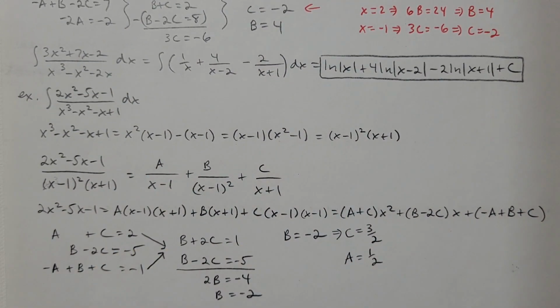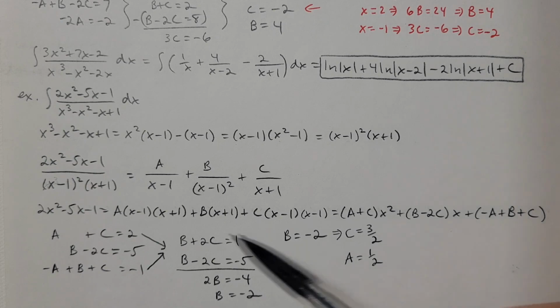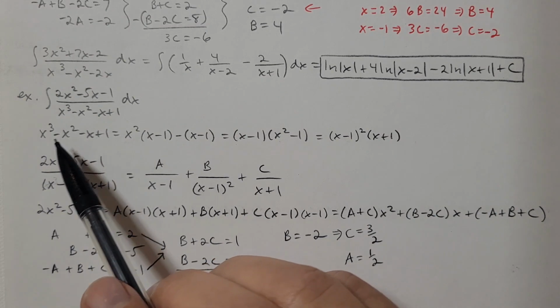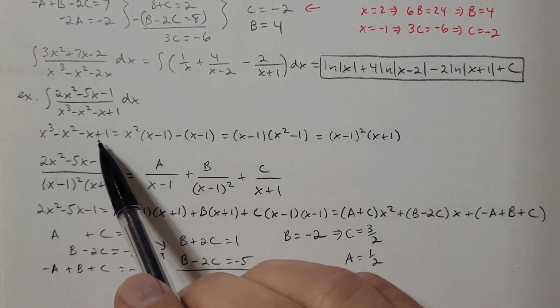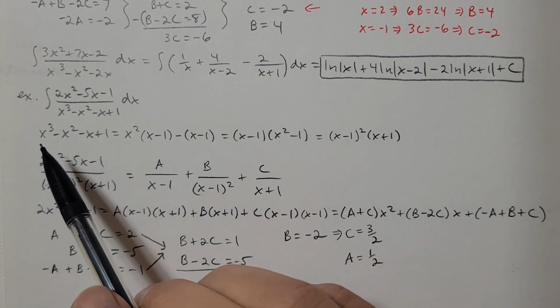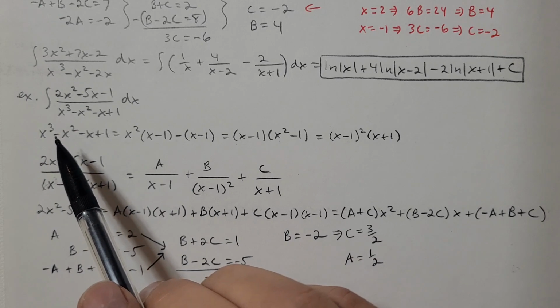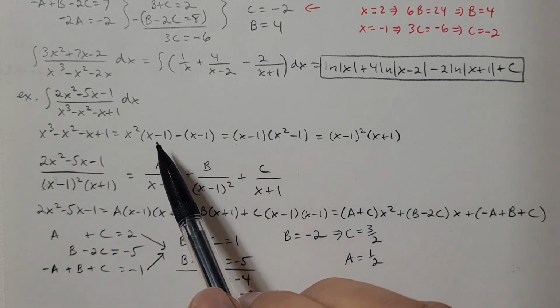So now, if I factor the denominator in this problem, I'm going to use the method of factoring by grouping. I'm going to let the first two terms be one group, and then the last two terms be another group. What's going to come out of group 1 is an x squared, because that's in common to these two terms, and that's going to leave me with x minus 1.